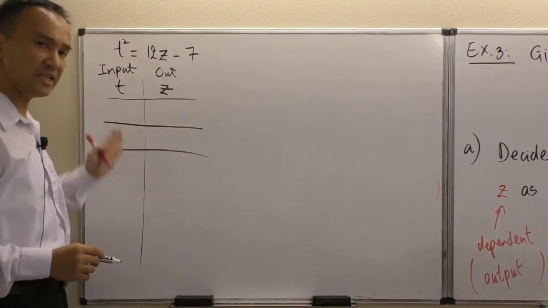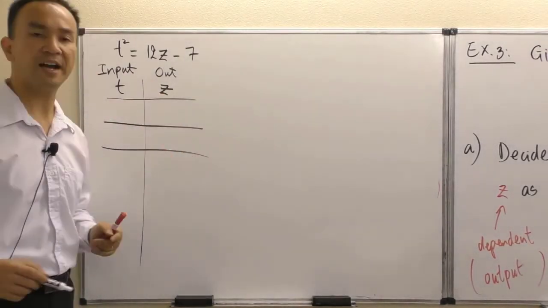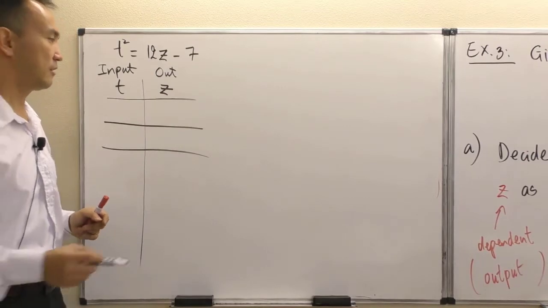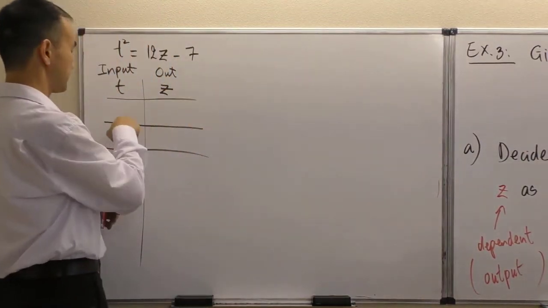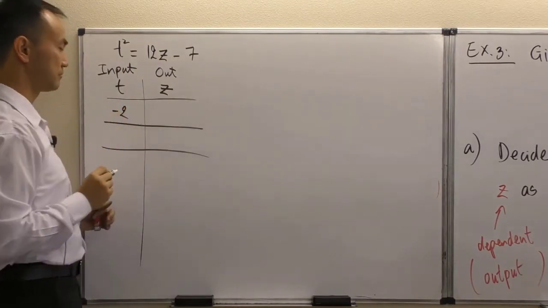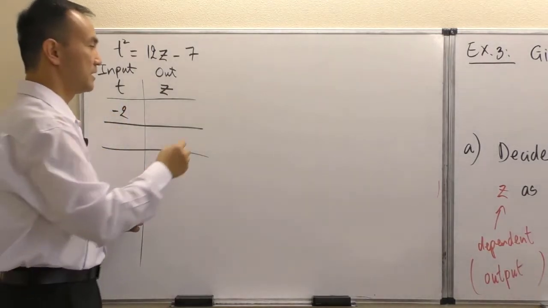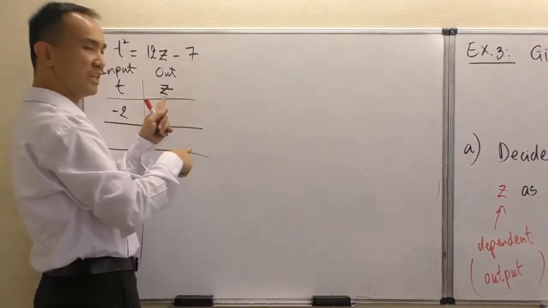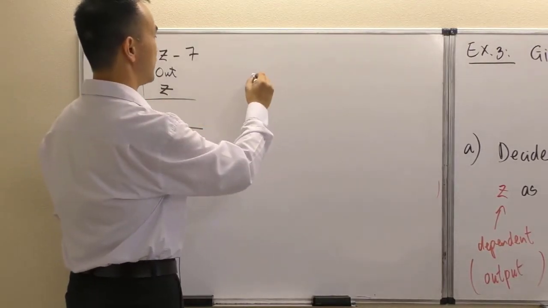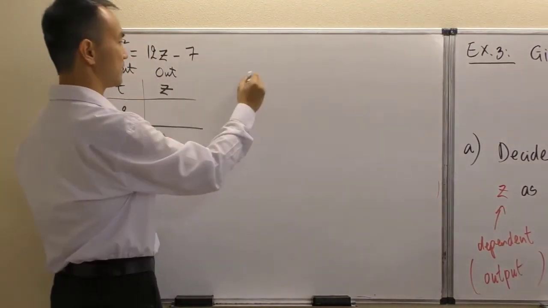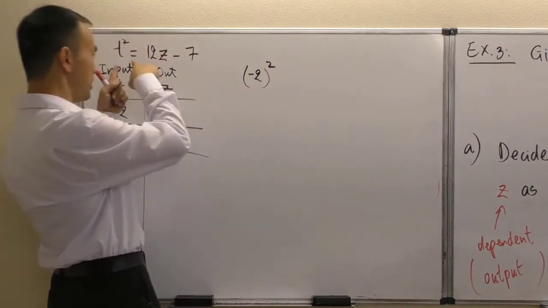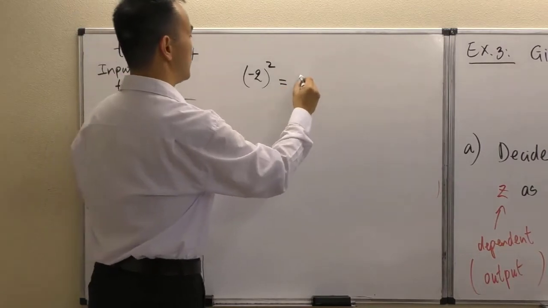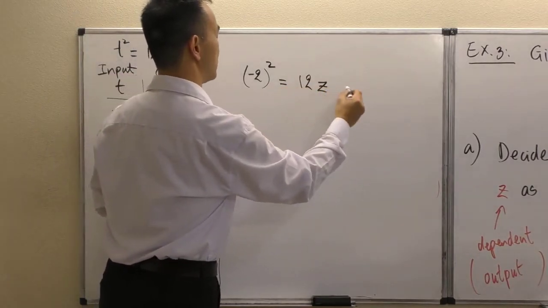It's easy for the inputs part, which is a randomly picked value. So now I'm going to pick -2 for t. But how do we decide an output right here? Substituting -2 for t, so -2 all squared, because it's t squared, equals 12 times z minus 7.